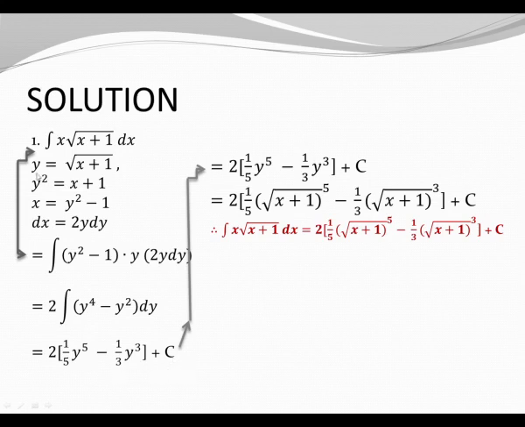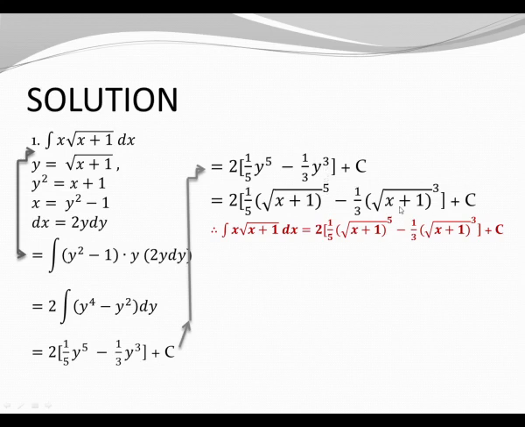Now, since the given is in variable x, we have to go back to the replacement wherein the value of y is the square root of x plus 1. So all we have to do is replace the variable y by the square root of x plus 1, and this is now raised to the 5th.